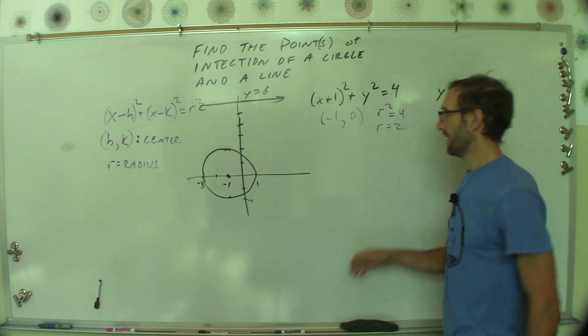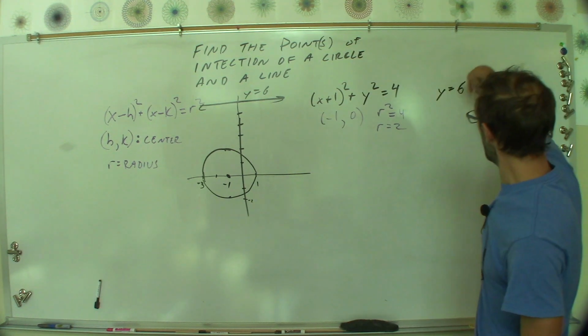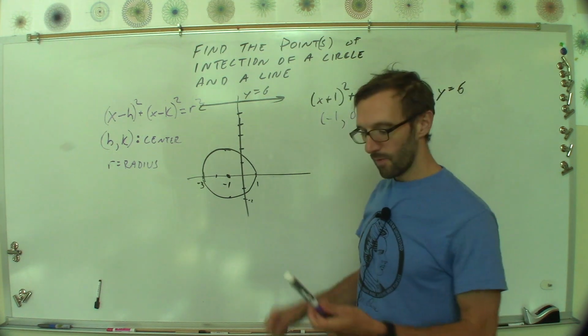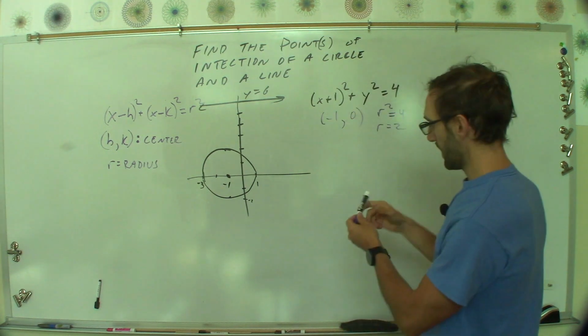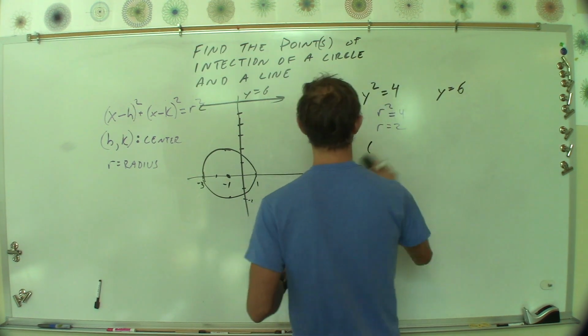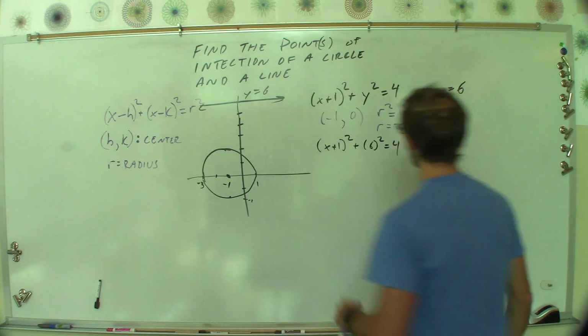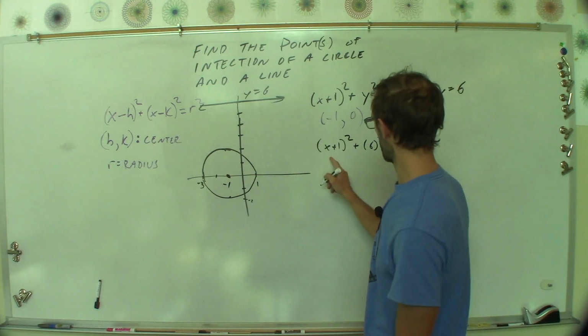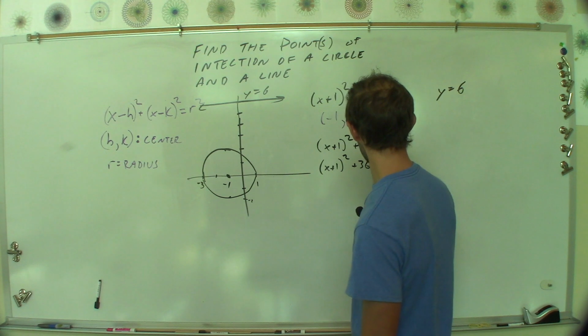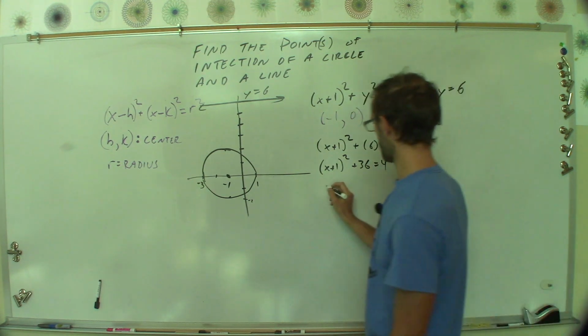All right, there we go. So let's see, y is 6. Let's go figure this out. Substitute that 6 in for y. Okay, there we go. Now this is going to give me 36. And then I'm going to subtract 36.